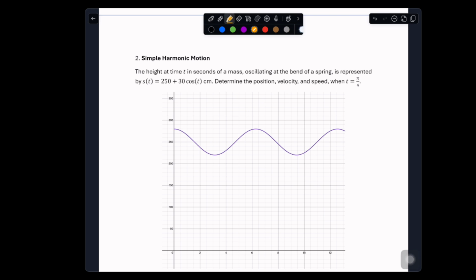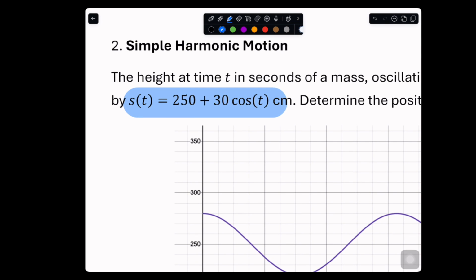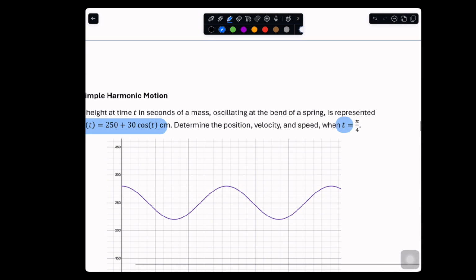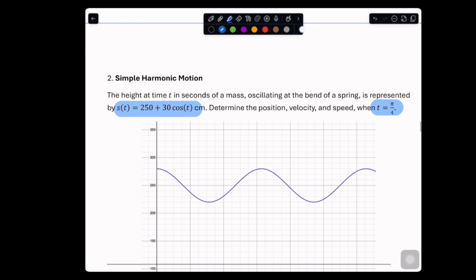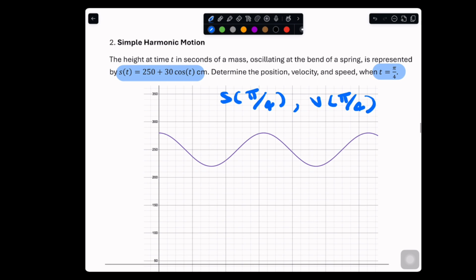What's your position function now? See the position function? What's the time now? Pi over 4. They want here S of pi over 4. They want what? V of pi over 4. They want the absolute value of V of pi over 4.